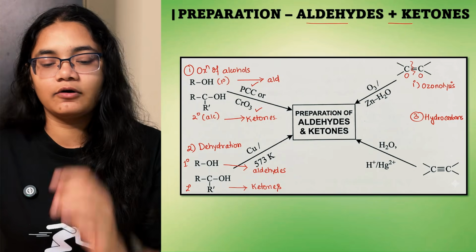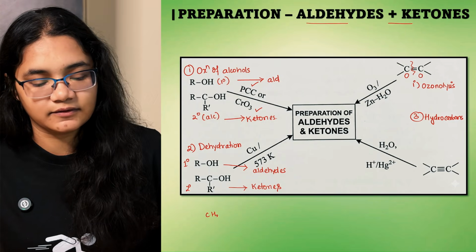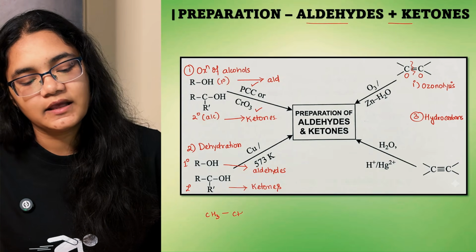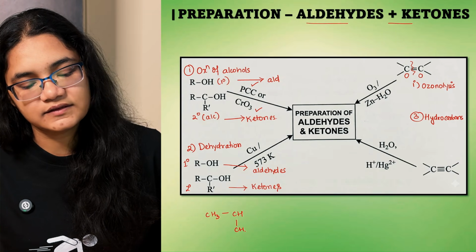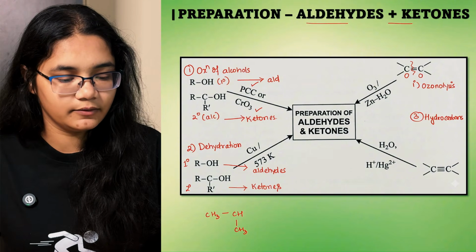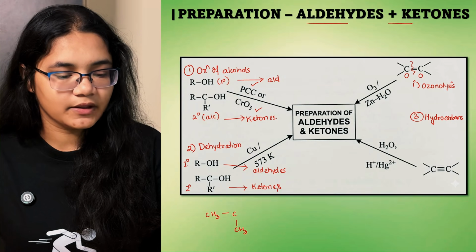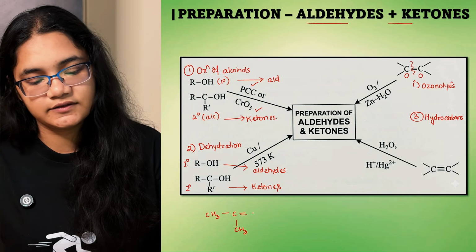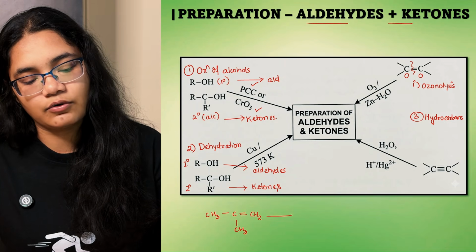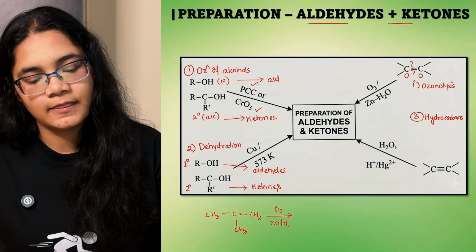For example, suppose I have a propene structure like this, CH3, CH, CH3. One of the H I will remove here. So if I have a structure like this, and you treat it with ozone and then zinc and water, what will happen?